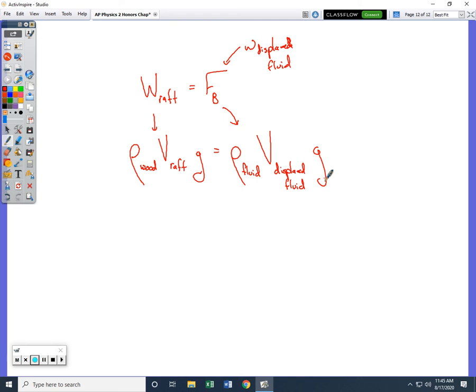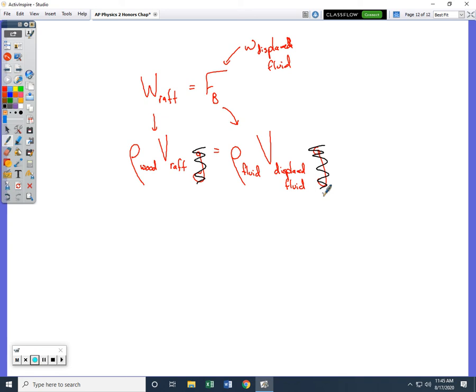One of the things I think is kind of neat, setting these equal to each other, you will notice that the acceleration of gravity is irrelevant. If I were to take this raft and float it in a swimming pool that was on the moon where gravity is actually less, it would float exactly the same. So it wouldn't matter what the acceleration of gravity is.